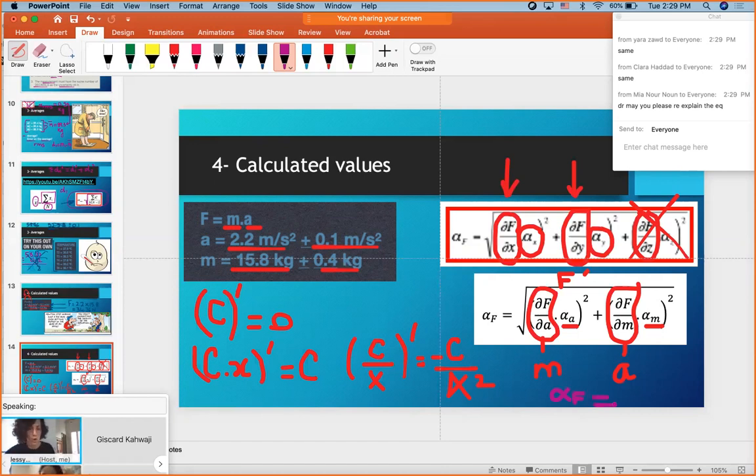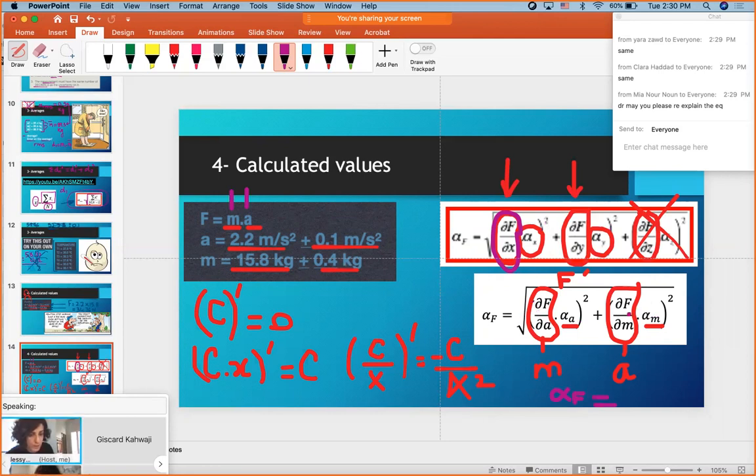So for the students who are doing the calculation, probably I can talk to Mia and to the students who do not understand. This is a general equation. If you don't like the way it's written, write it in English: derivative times error, derivative times error, derivative times error. Here I have only two measurements, so I'm going to do only two derivatives. By the way, it looks very similar to the Pythagorean theorem.